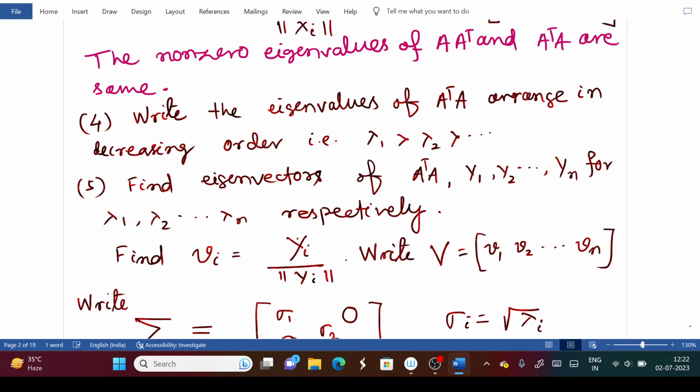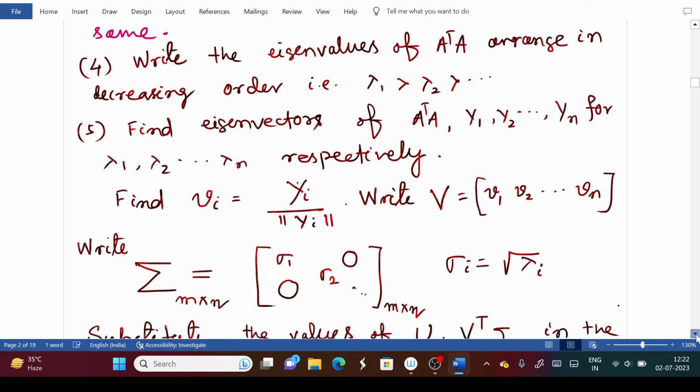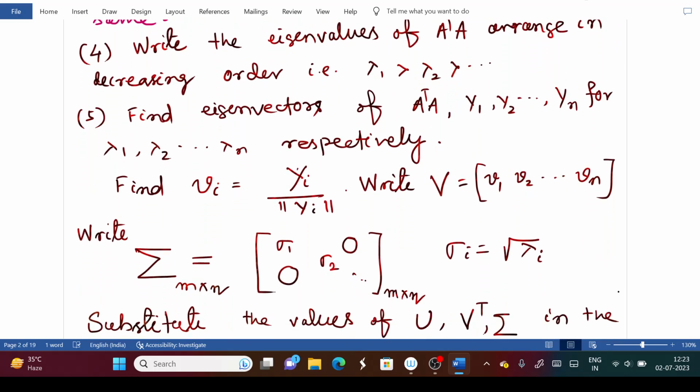Already I have the matrix U. Now I will get the matrix sigma. So what we will do? According to the number of rows and columns of A, we will first write the matrix. Then in descending order, we will write the diagonal position elements.